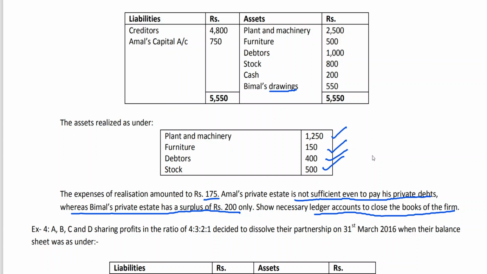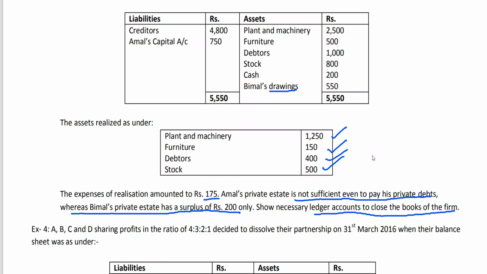Unlimited liability is the main feature of partnership along with sole proprietary concern. The liability of the partner is unlimited. Unlimited means even they need to bring their personal properties to pay firm liabilities or their share towards firm liabilities. Now, in this case, Amal's private estate is not sufficient even to pay his private debts.